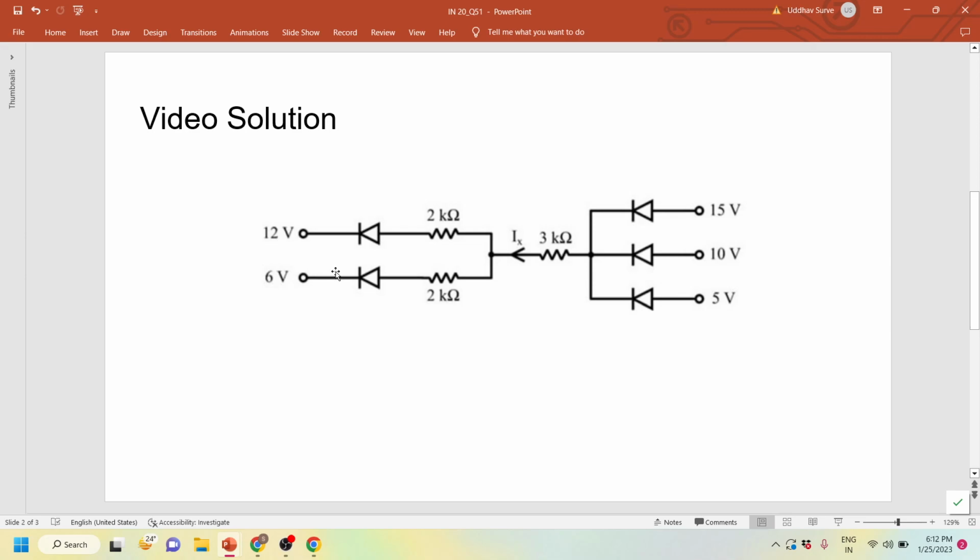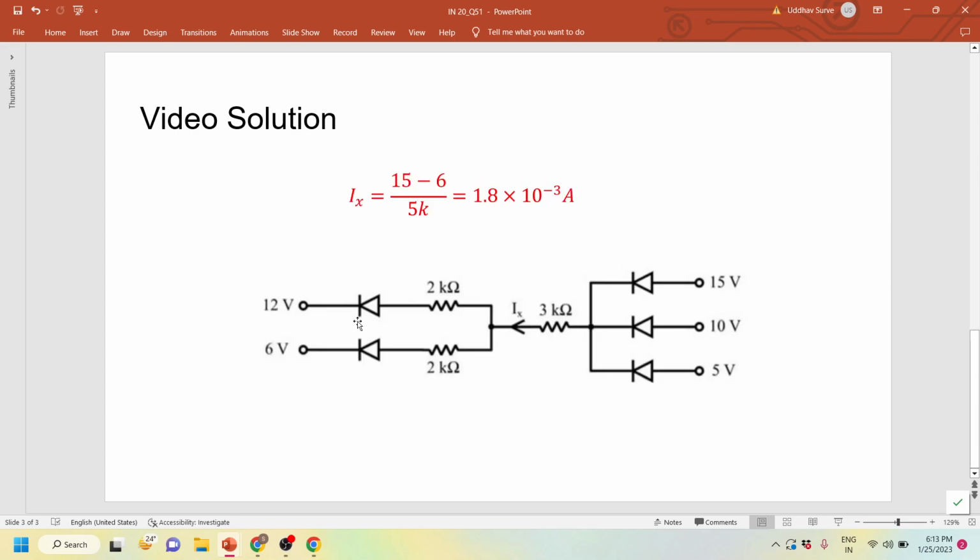So 15 and 6 volt, assuming this diode will conduct, you just try to calculate the potential at this point. If the potential at this point for the 6 volt combination comes below 12 volt, this diode is never going to conduct because of reverse bias condition, because the anode to cathode voltage will be negative.